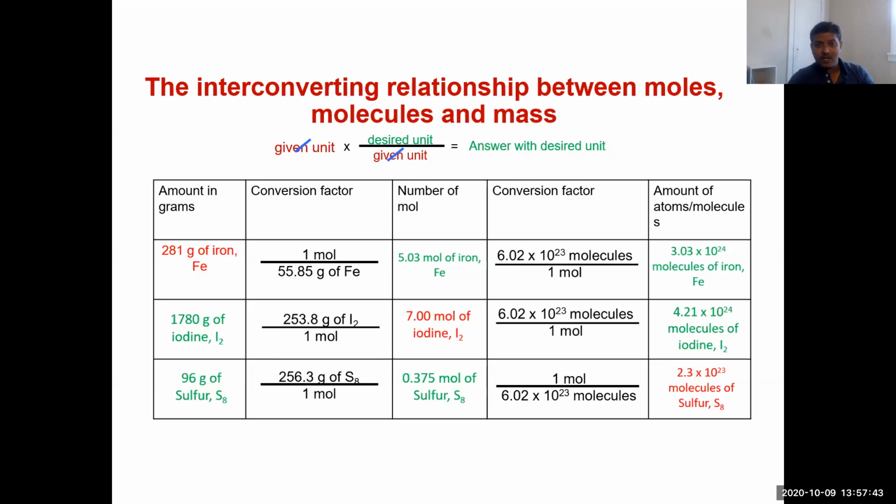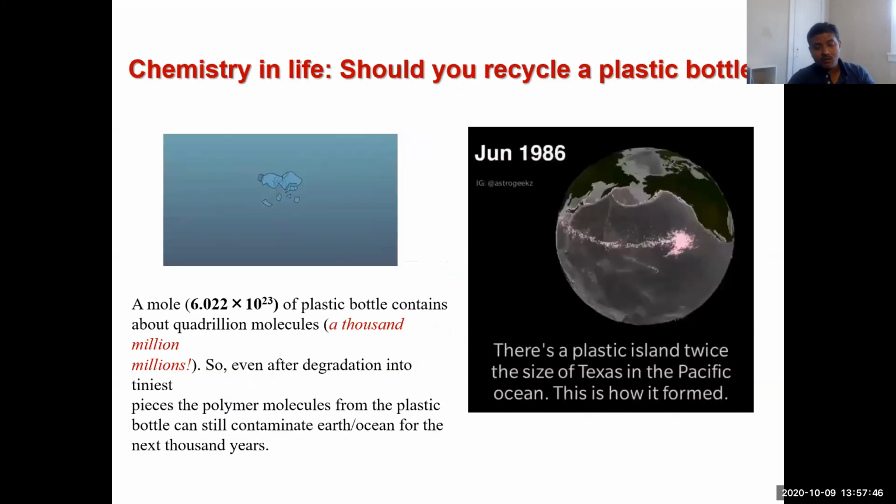That's all I have, and everything remaining is included in our book. Basically, more problems that you could work on right away by looking at this PowerPoint slide. But I don't have any new information other than what we just discussed, except a request from you and the scientific community: do not throw away your plastic bottles, because you just learned how many atoms are present in 1 mole, like a quadrillion molecules in 1 mole of any sample that you have.